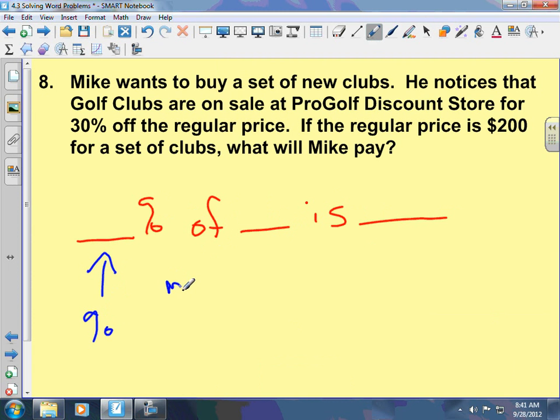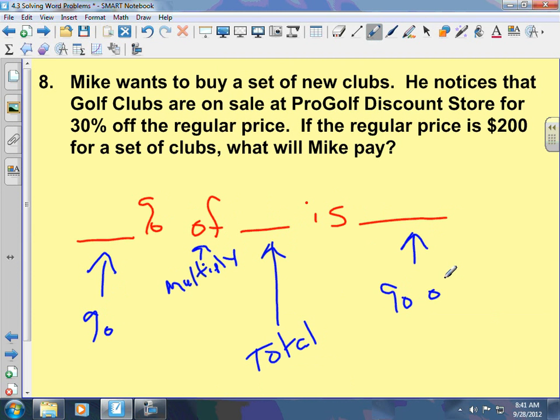Of means to multiply. Right here goes my total, and this is my percent of total. Please write this and identify all the blanks. If you need to pause the video, go ahead.